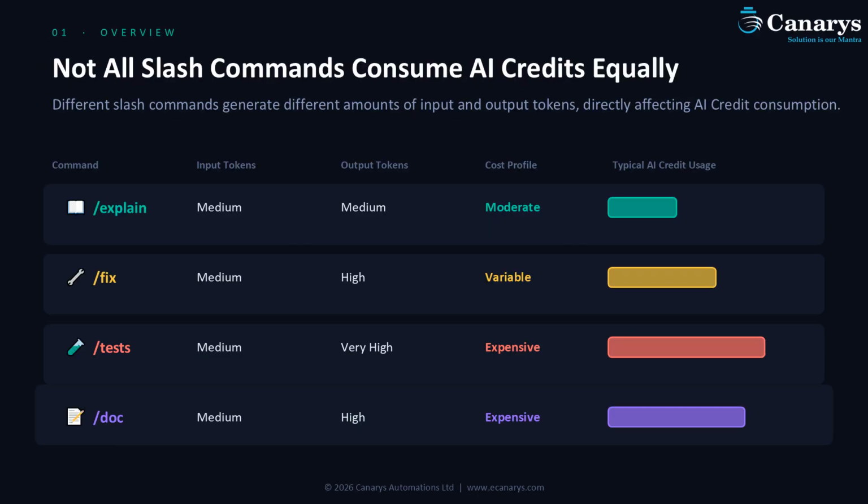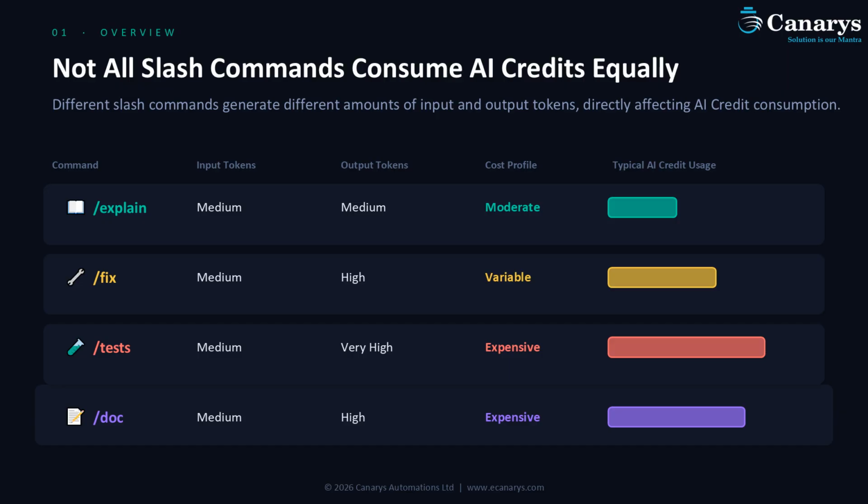Although / commands make common development tasks much faster, they don't all consume AI credits in the same way. The amount of AI credits used depends on both the context sent to the model and, more importantly, the amount of content the command generates. Commands like /explain usually produce concise explanations, making them moderate in AI credit usage.